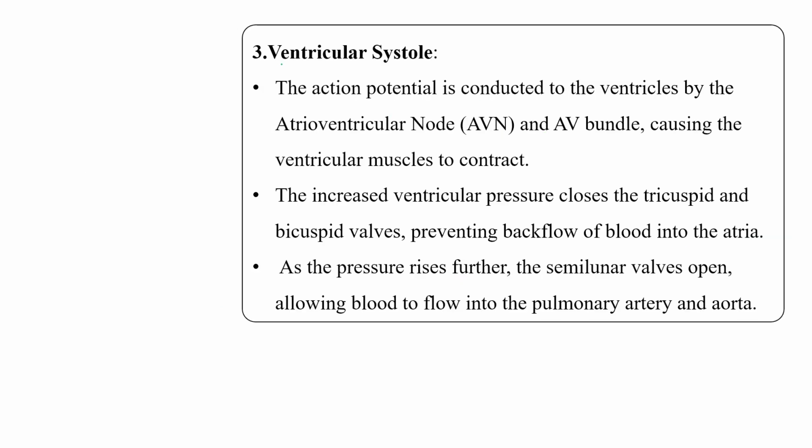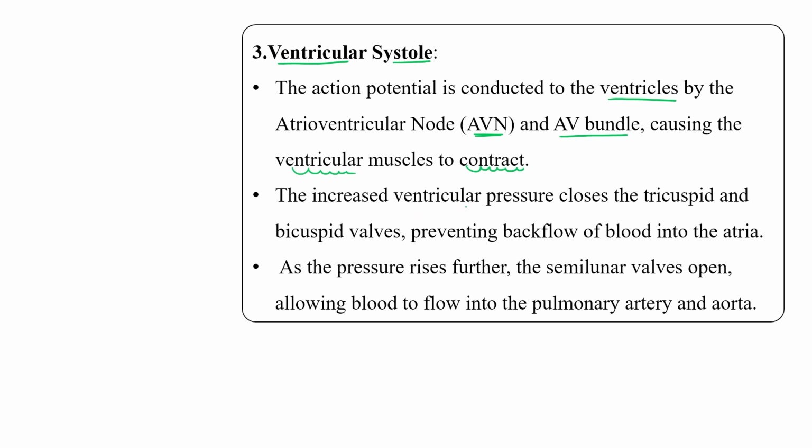Third step, ventricular systole, in which the action potential is conducted to the ventricles by the AV node and bundle of His. The action potential already generated by the SA node is now conducted toward the ventricular side via the AV node and bundle, and this will cause the ventricular muscle to contract. Clear?